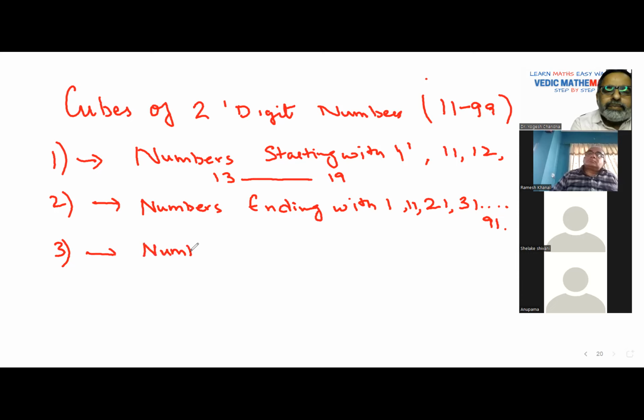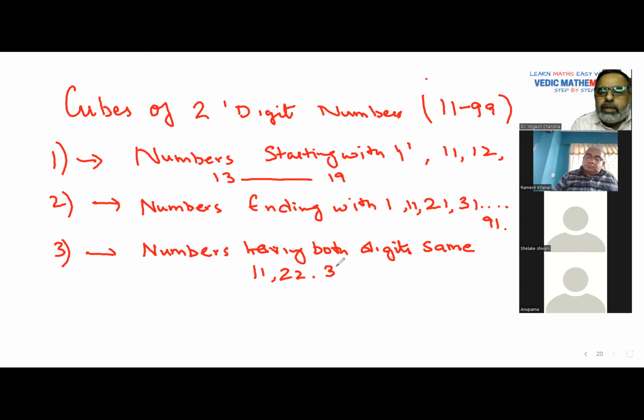Third, numbers having both digits the same: 11, 22, 33, up to 99.